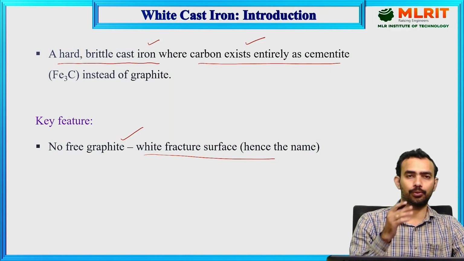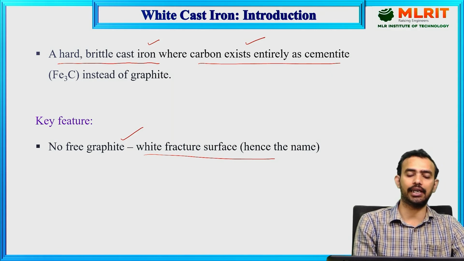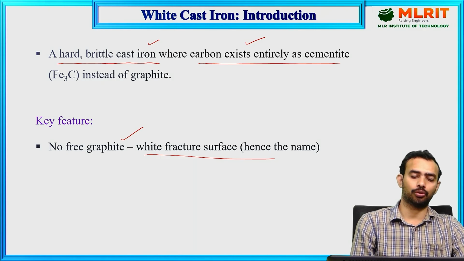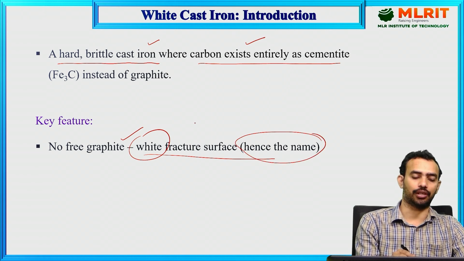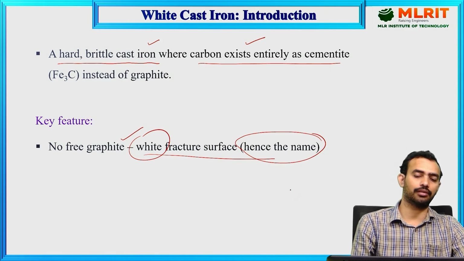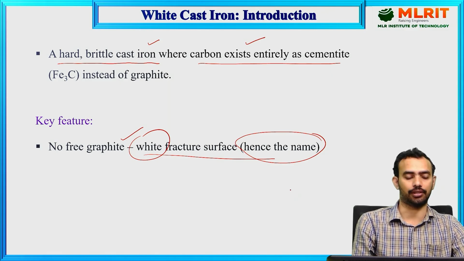When you cut the material, you can see that there is a white fracture surface. Because of this white appearance in its fracture surfaces, this material is called white cast iron.